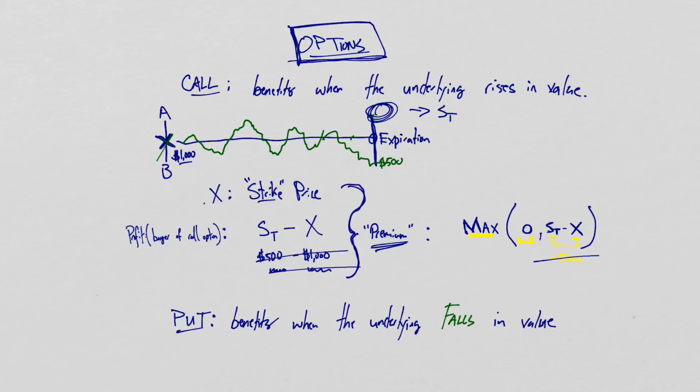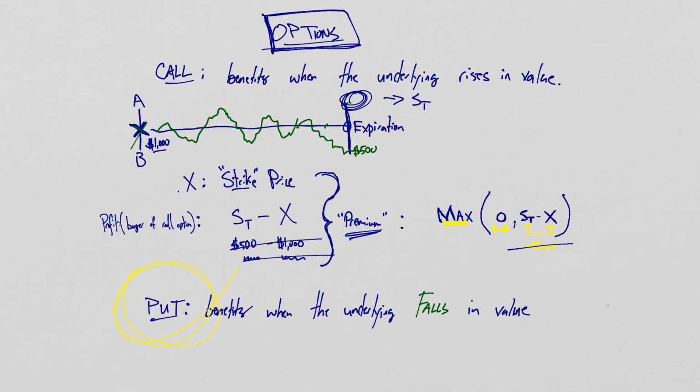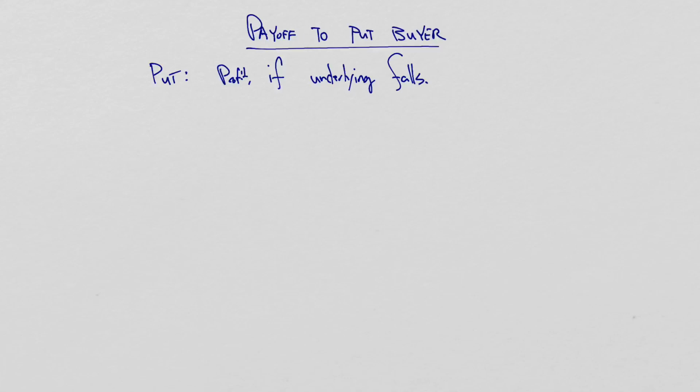Okay, on options, one other thing to cover, the profit or loss of a put. So with a put buyer, they profit if the value of the underlying asset falls. And so the payoff to a put buyer is almost like the opposite of that for a call buyer.